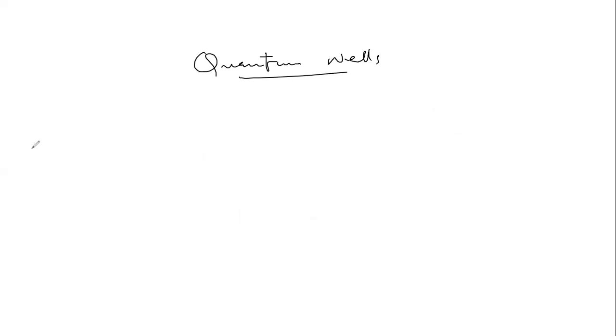Now, what do we mean by quantum wells? I just made mention of the motion of this particle, which is characterized by the Schrodinger equation in free space. Now we want to consider what will happen to that particle if it's bounded in a well that looks like this.